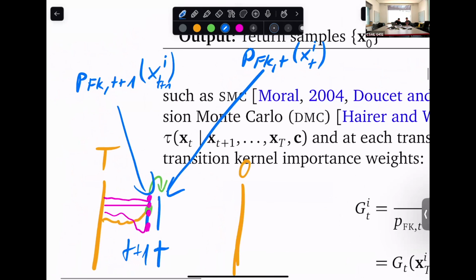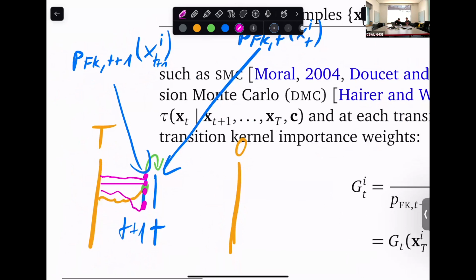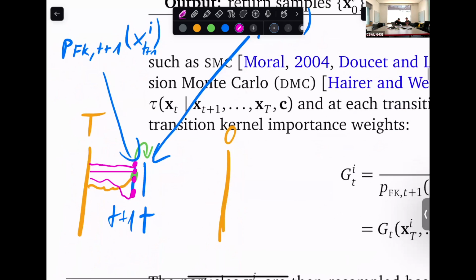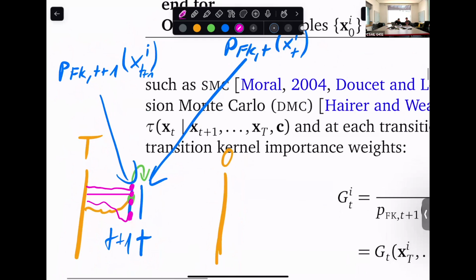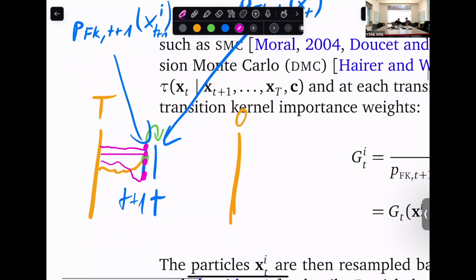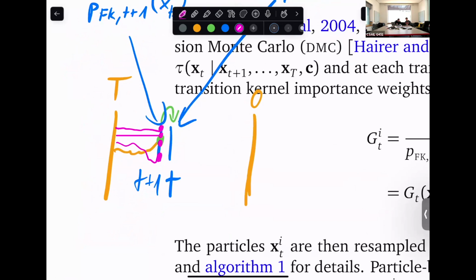So what we're going to do is take each of these particles and evolve them under the kernel of the model that we do have access to. That's our model, so for each guy we're going to sample using p theta of xt given xt plus 1, conditioned on c too. Exactly.